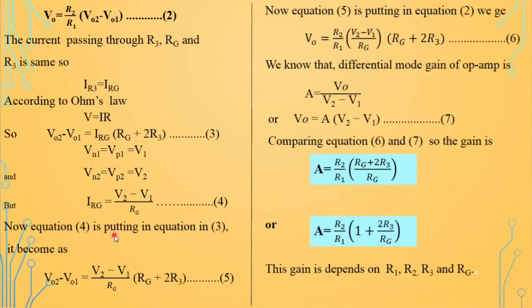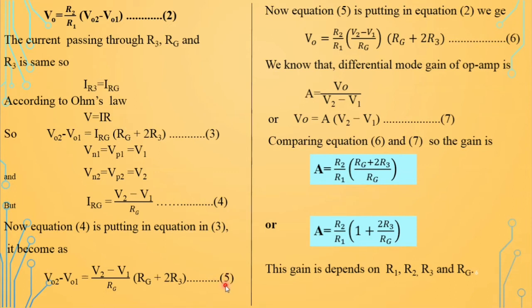Now equation 4 is put into equation 3, because here is the IRG, so this IRG value we put in here. So VO2 minus VO1 is equal to V2 minus V1 divided by RG, inside the bracket RG plus 2 times R3. This is equation 5.